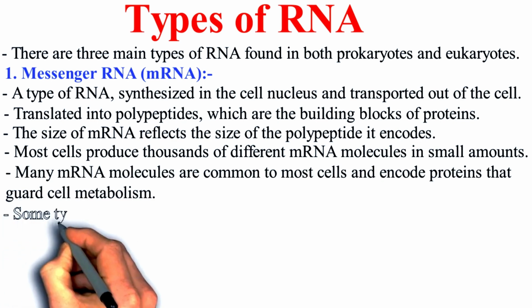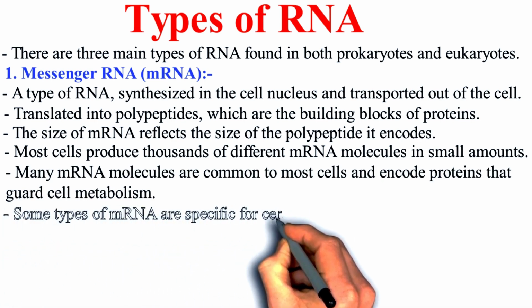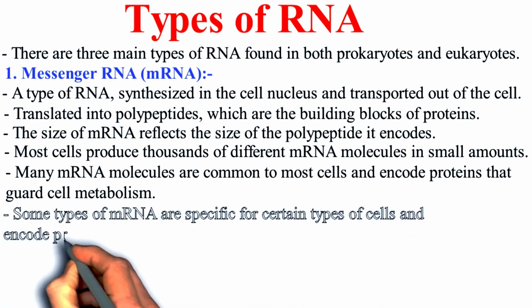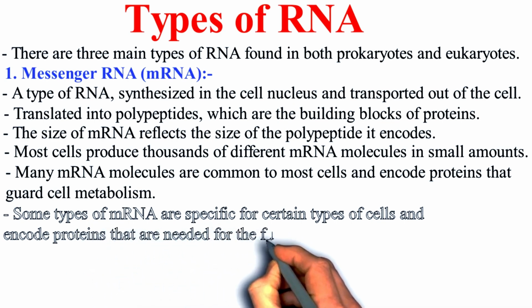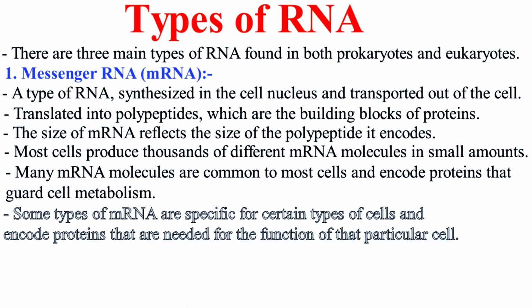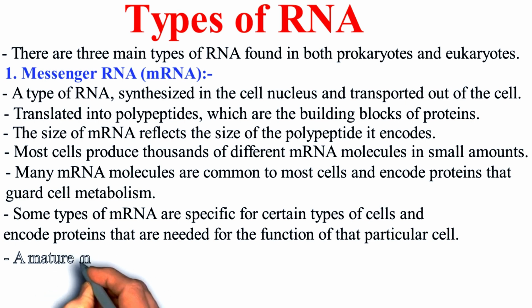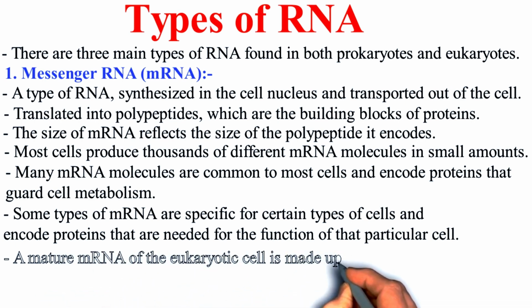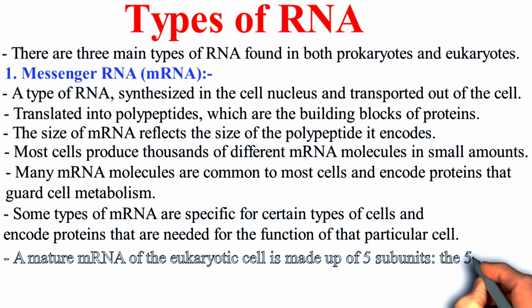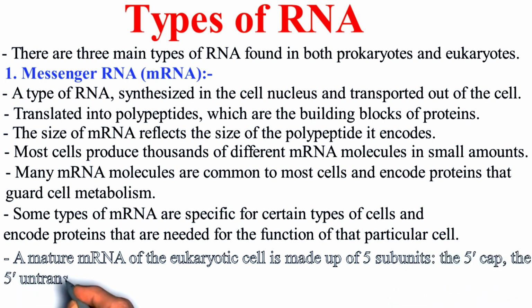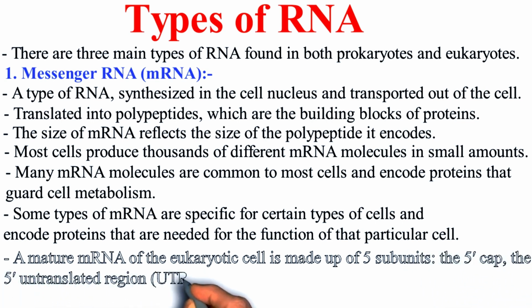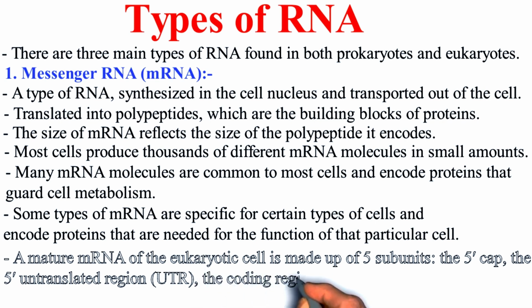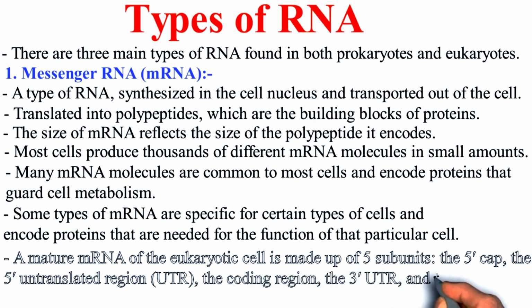Some types of mRNA are specific for certain types of cells and encode proteins that are needed for the function of that particular cell. A mature mRNA of the eukaryotic cell is made up of 5 subunits, which are the 5' cap, the 5' untranslated region, or UTR, the coding region, the 3' UTR, and the poly-A tail.